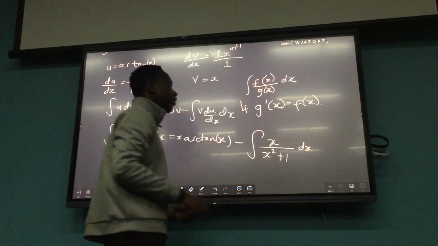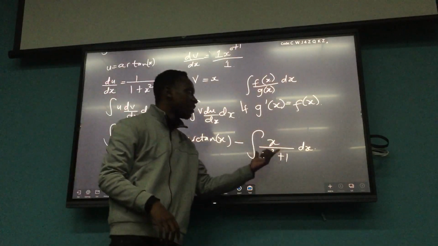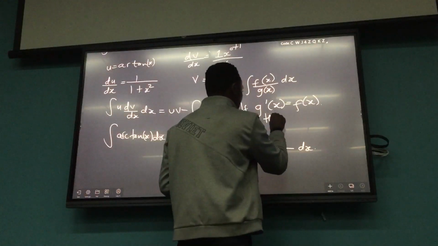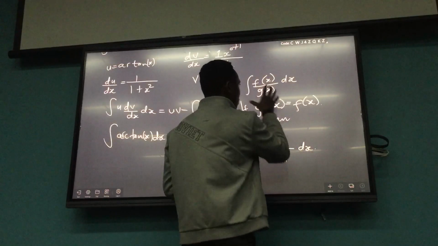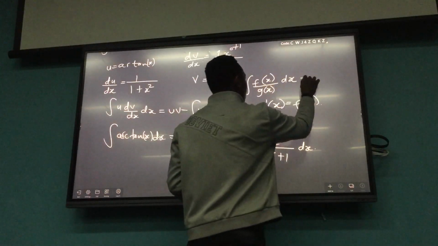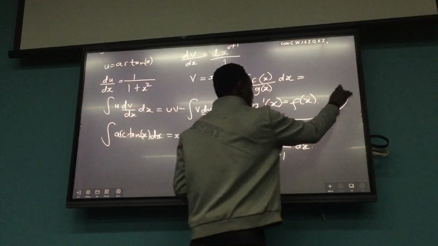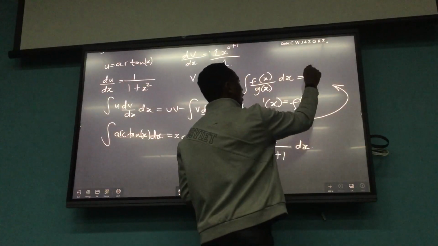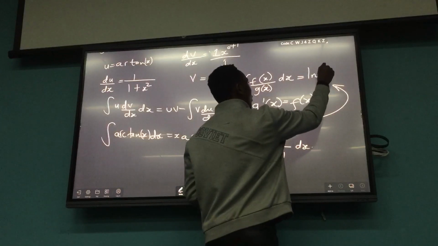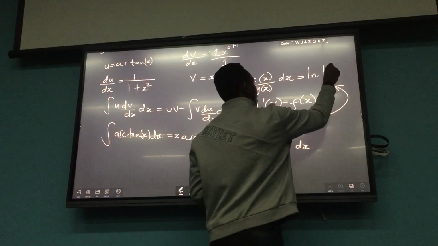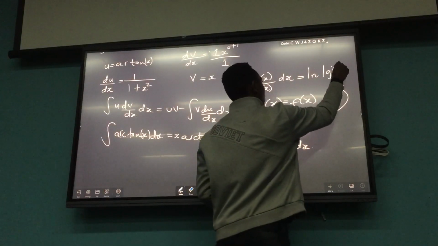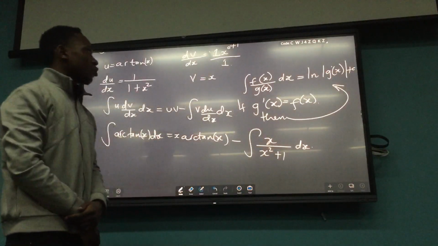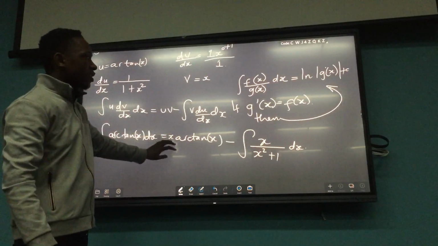Basically, if the derivative of the denominator is equal to the numerator, then the solution to this integral is going to be ln of modulus of g of x, plus our constant of integration c.